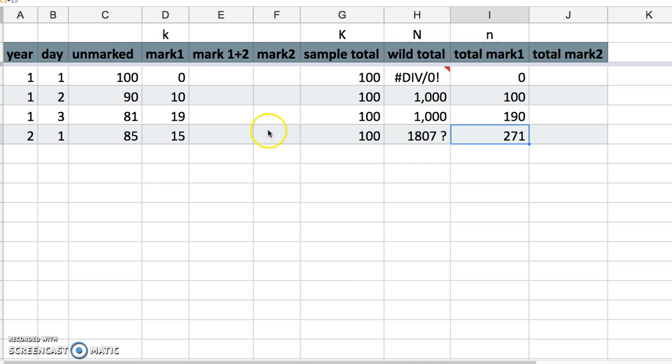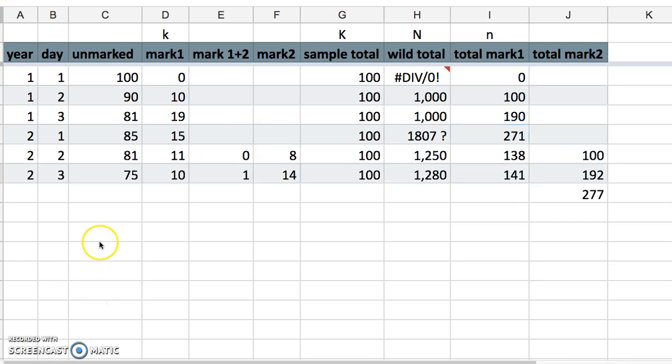Instead, what I have to do is take my 100 minnows that I've captured and mark them with a different color of paint and release them into the wild so that I can measure, once again, the population of minnows in the pond. Well, my second sample, on day 2 in the springtime, I take a sample of 100 minnows, and I find that 8 of them have been marked with the new paint color from this spring.